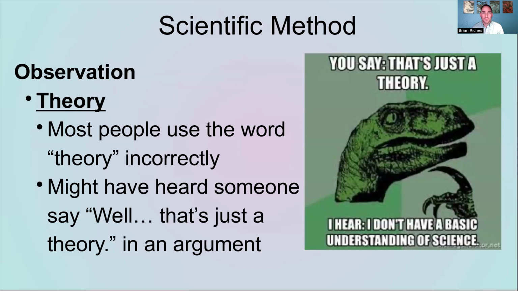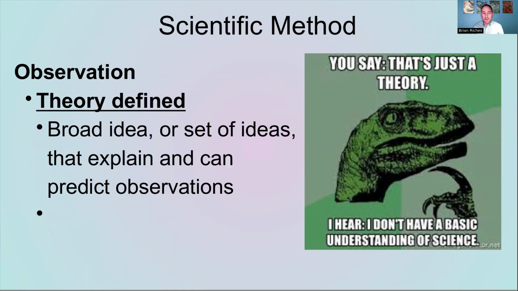This could be really useful for any of your science classes. Rather than some general idea or some proposed explanation, a theory is actually a really broad idea, or a whole bunch of sets of ideas all mixed together, that can explain and predict observations.